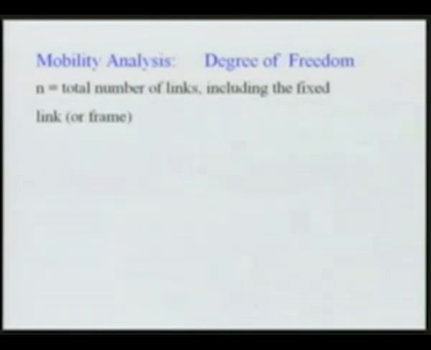That means there are n-1 moving links. When these links are not connected by any kinematic pair, the total degrees of freedom is obviously 3 times n-1. For each of these n-1 links, there are 3 degrees of freedom. So the total degrees of freedom of the system is 3 times n-1.